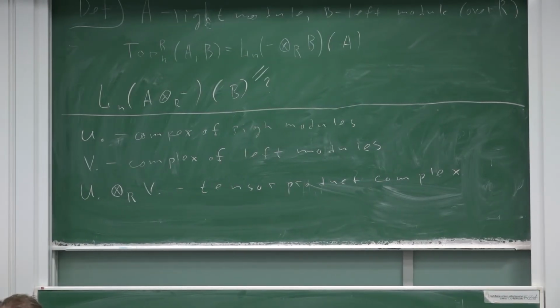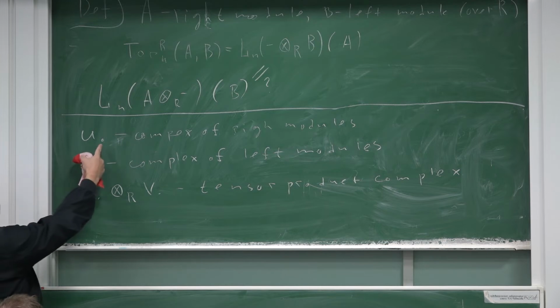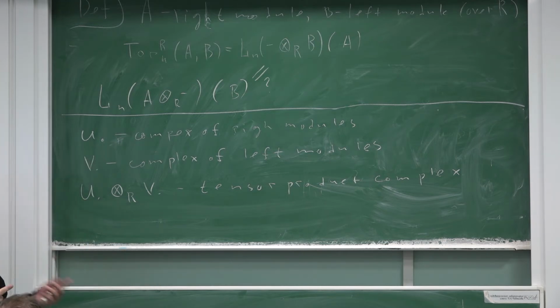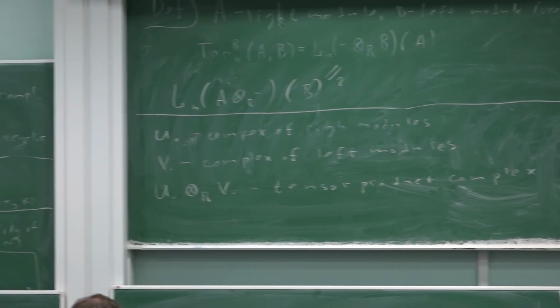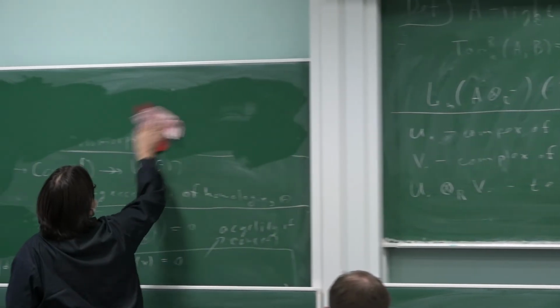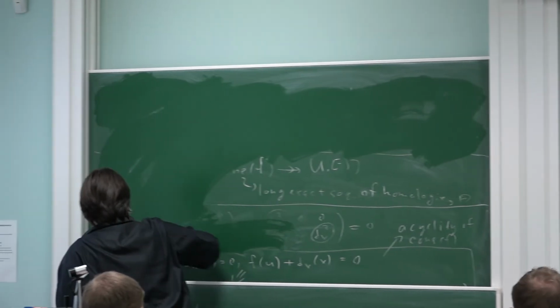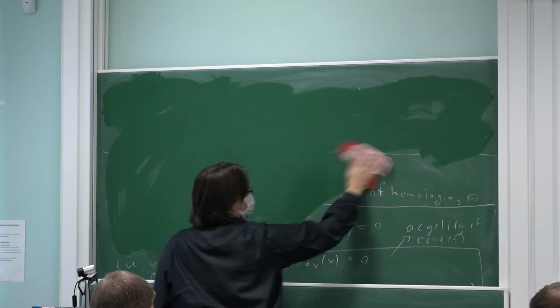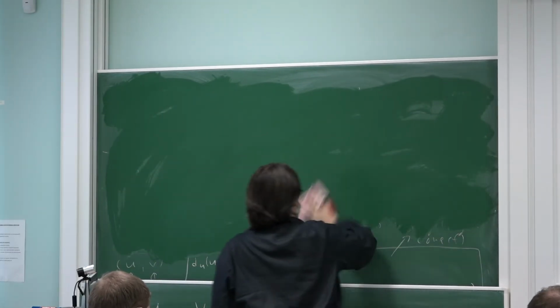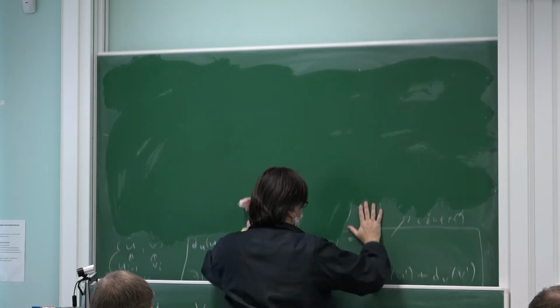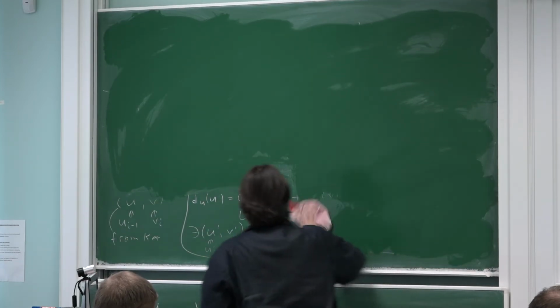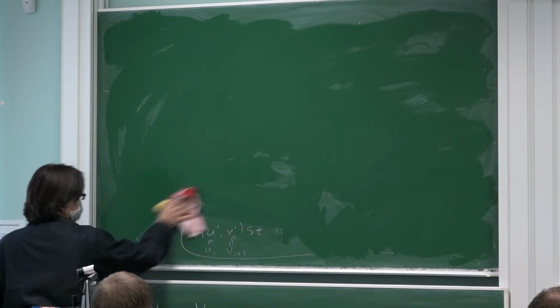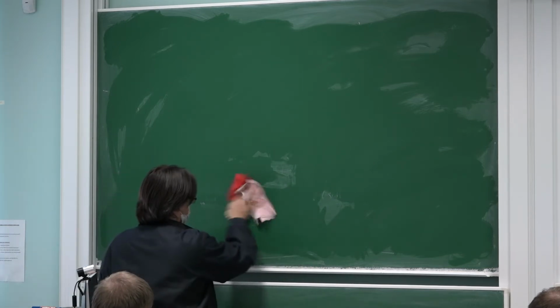So, in fact, when you have a module structure over a commutative ring, you have at the same time right and left structure. Well, sometimes you can consider different right and left structures, but usually if there is no left structure, then it is the same as the right structure in this case. And so more structures on the tensor product arise.